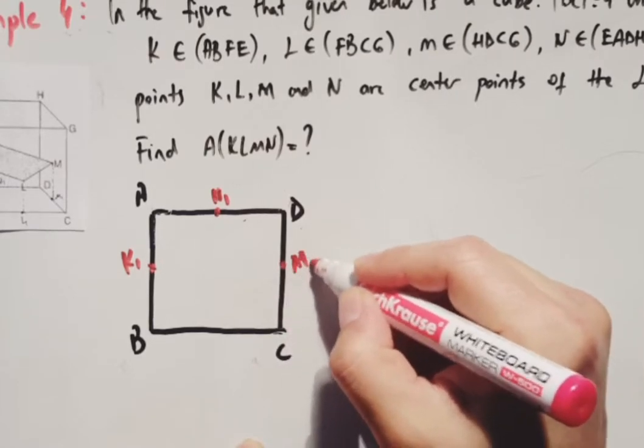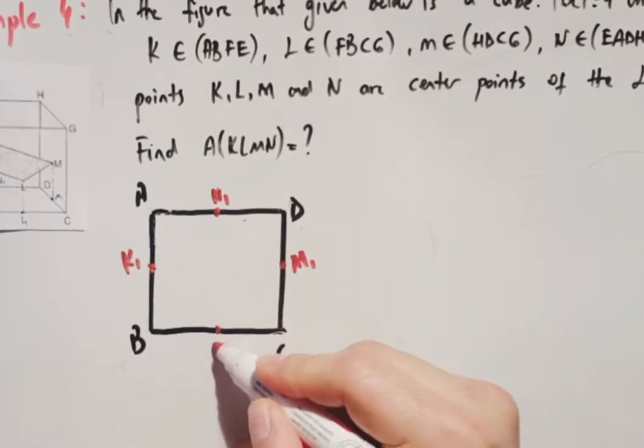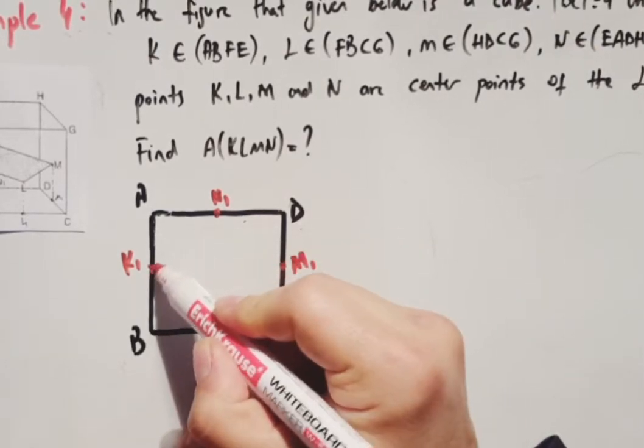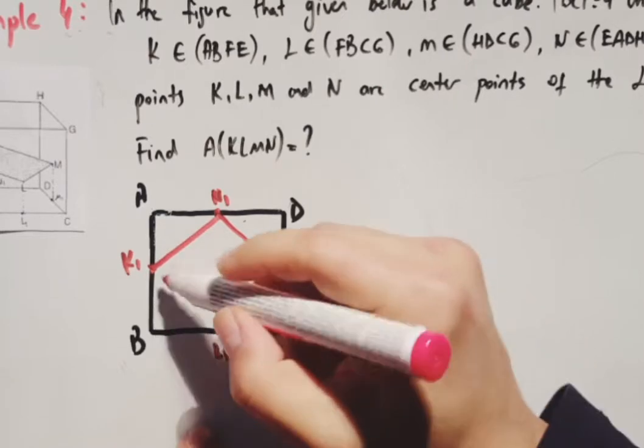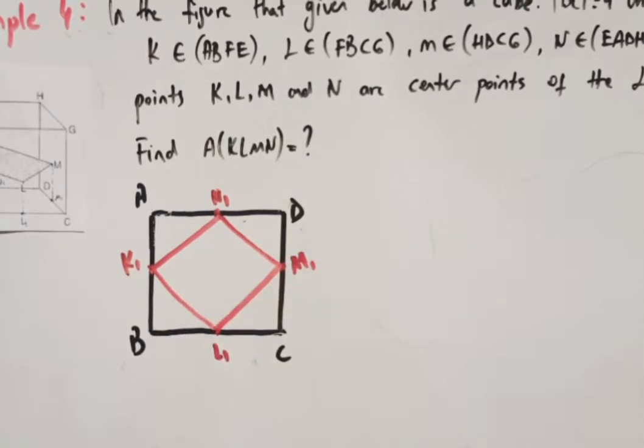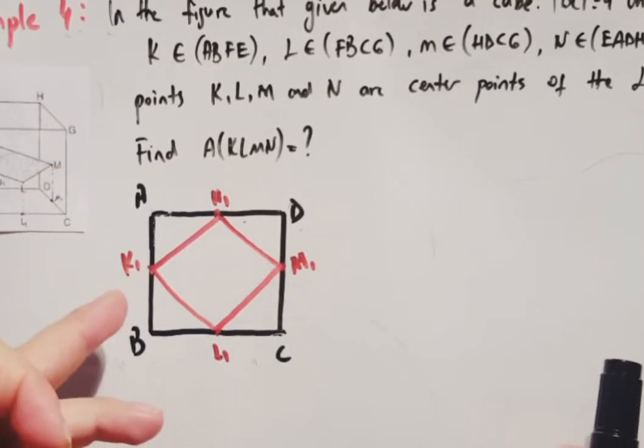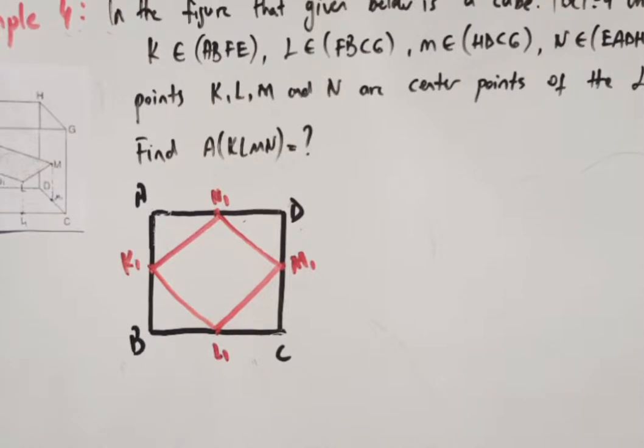It is M1, and it is L1. Okay, we will have another square inside of square ABCD, which is K1, L1, M1, and N1.